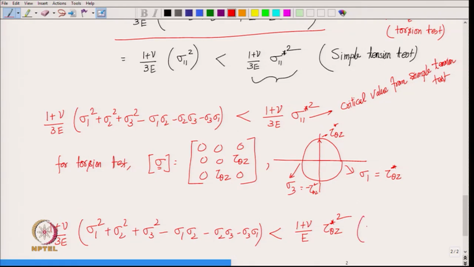Okay. So, this is from simple torsion test.